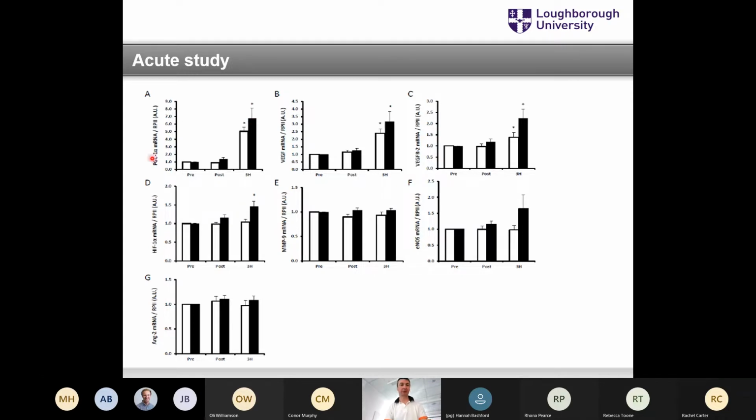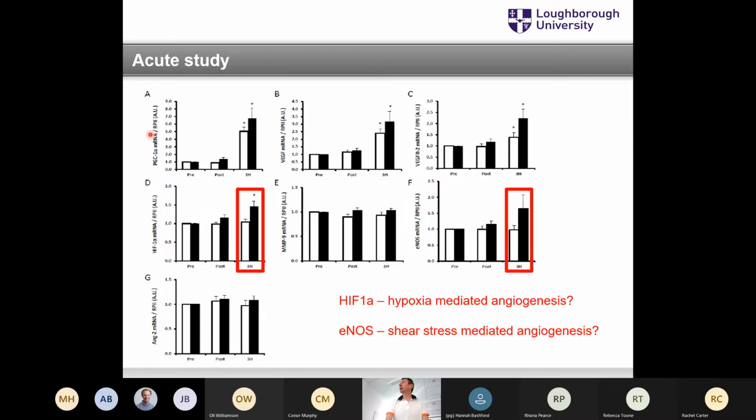And these are various genes responsible for mitochondrial biogenesis and angiogenesis. So the growth of mitochondria and then the growth of capillaries within the skeletal muscle. And to cut a very long story short, what we showed was a greater gene transcription post-exercise for HIF1 alpha, which is a hypoxia signal, and eNOS, which is a shear stress signal.